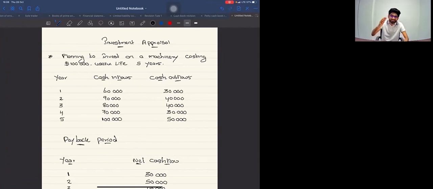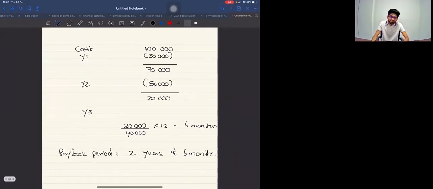So in reality, the cash inflows and outflows will be different, and the payback calculation that you did will also be different. It could be faster than 2 years and 6 months, or it could be even slower, could be even 3 or 4 years. So you never know. That is one of the major drawbacks of payback period.